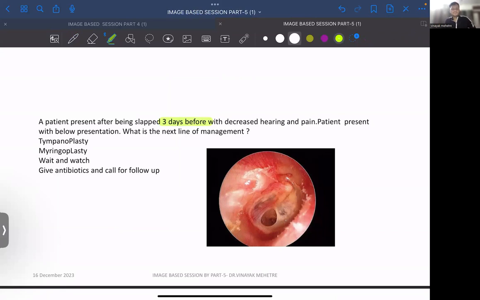After 3 days, the answer is wait and watch. Okay, I will change the question. Patient is presenting after 7 days. What will be the answer? Patient is presenting after 1 month. What will be the answer?